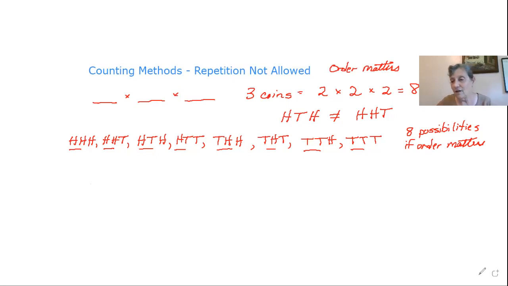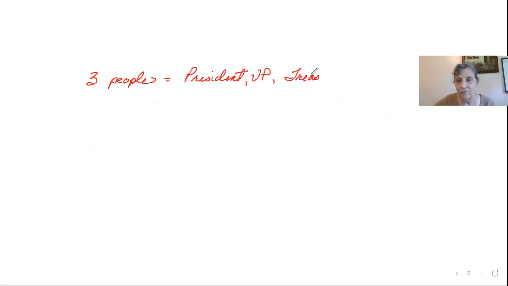But what if we're talking about, say, we're choosing 3 people, 1 to be president, maybe for a club, 1 to be vice president and 1 to be treasurer.